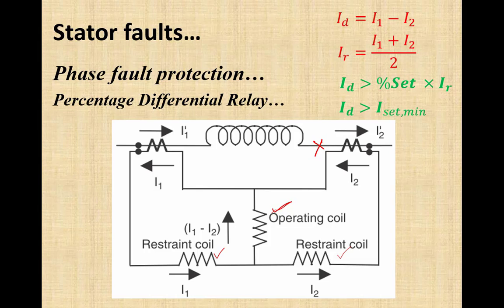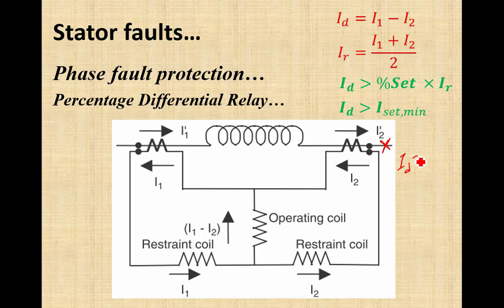Now let's see the response of percentage differential relay in case of a close in but outside the zone fault and a fault within the zone of protection. Here if fault occurs at this point just outside the zone of protection of differential relay, how much will be the difference current I1 minus I2?